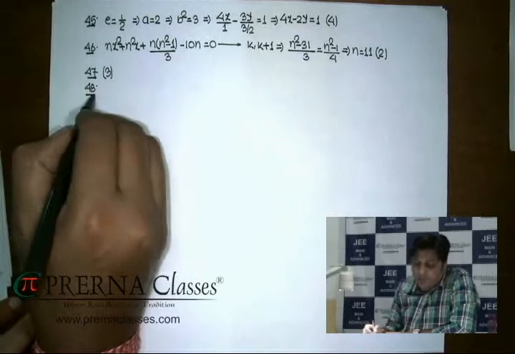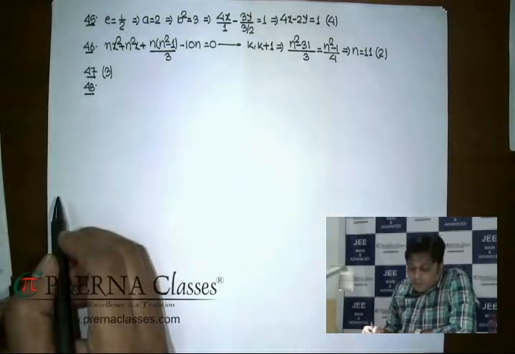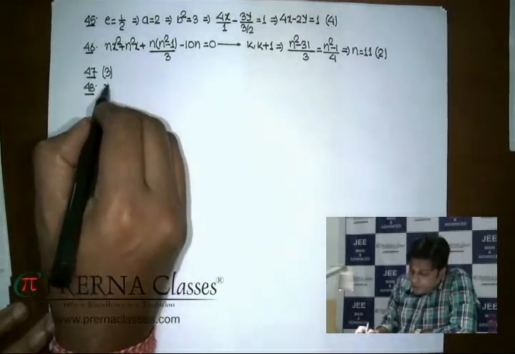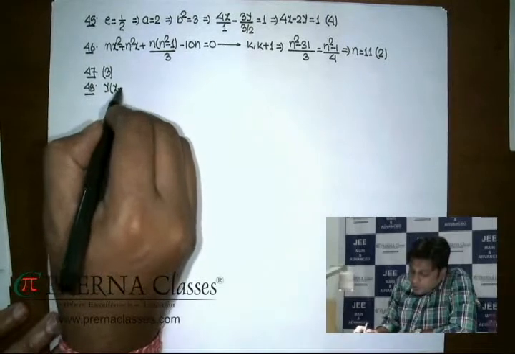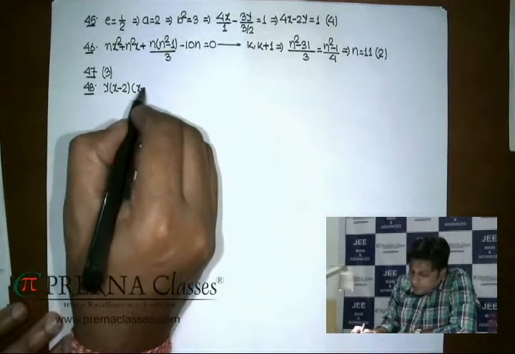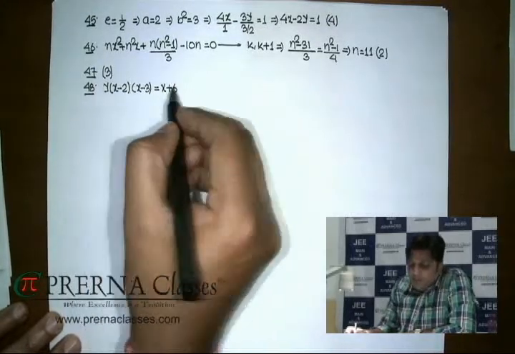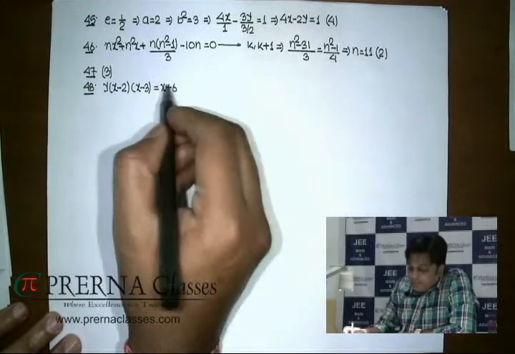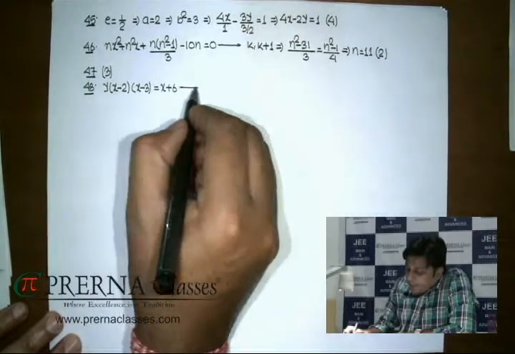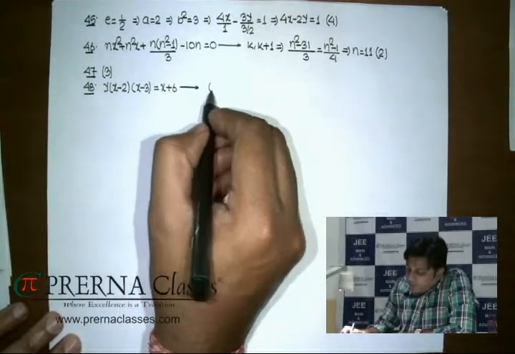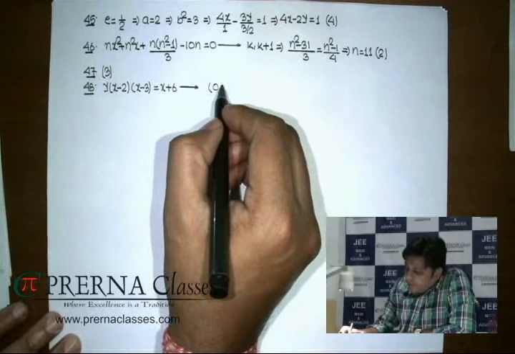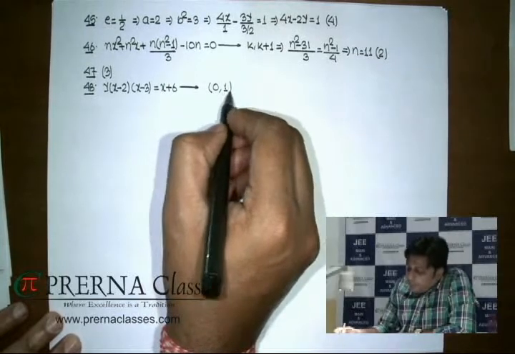As far as the 48th question is concerned, the normal to a curve, at the point where the curve intersects the y-axis. Clearly x equals 0 gives y equals 1.